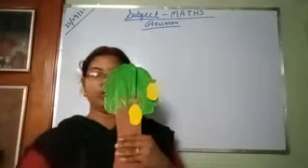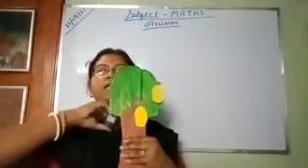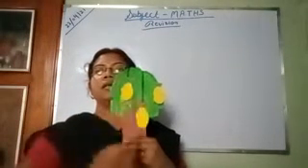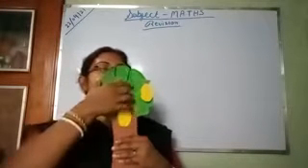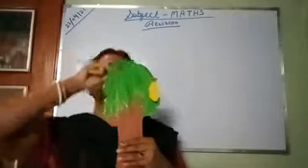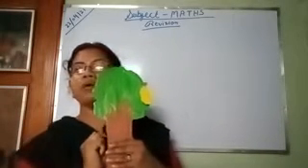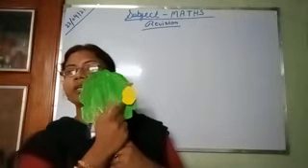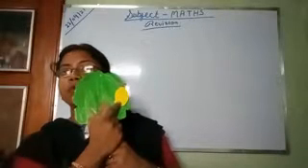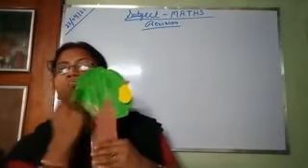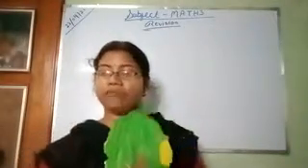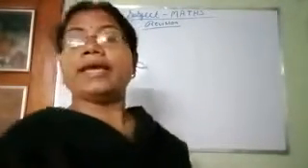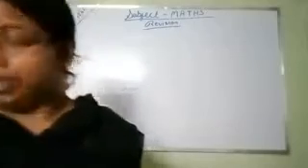Once again, how many mangoes? Count. 1, 2, 3. If I eat 2 mangoes, how many are left with me? Only 1 mango. So the left portion, whatever the left portion, is called subtraction.